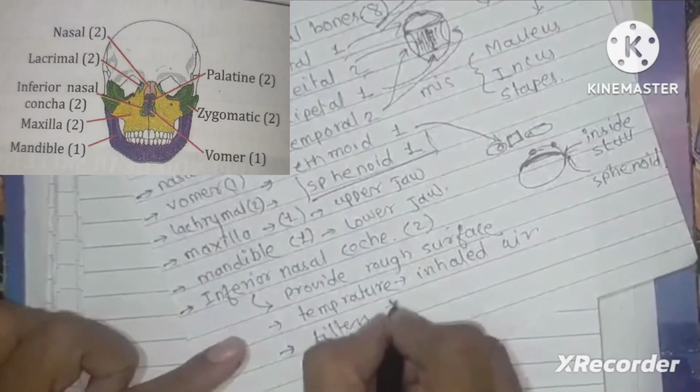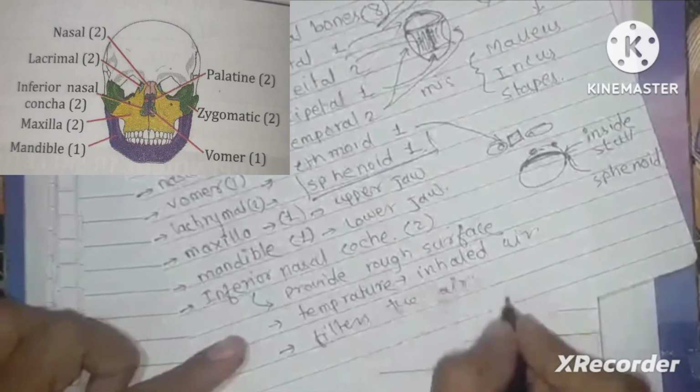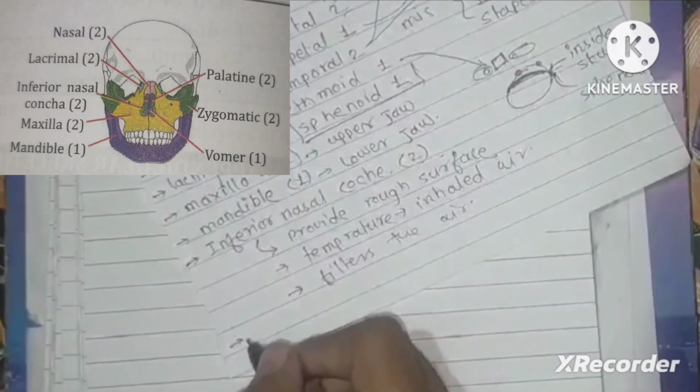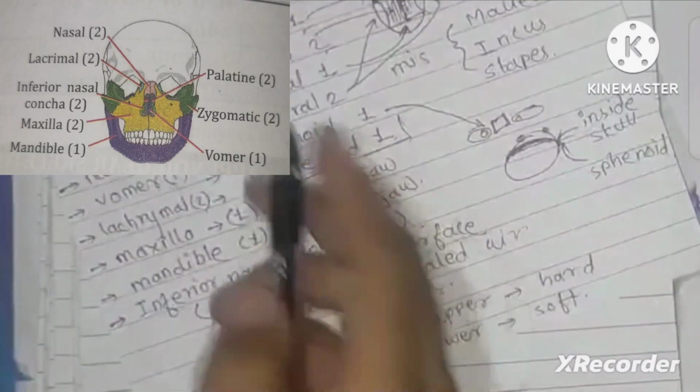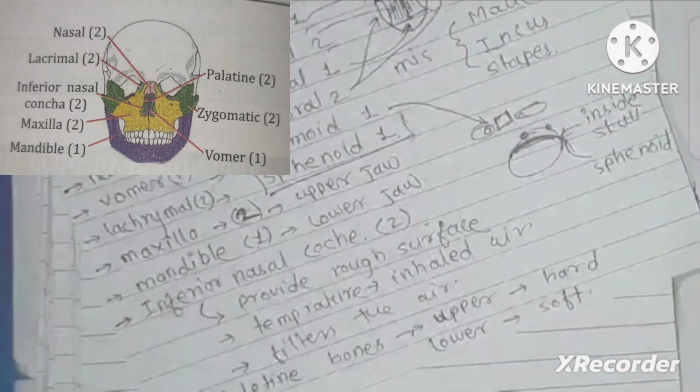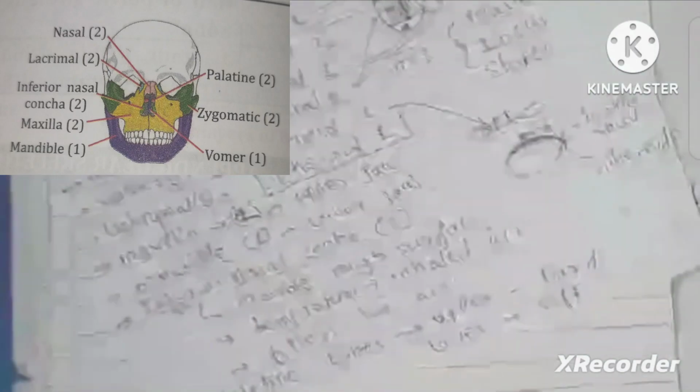And filters the inhaled air. Okay. Palatine bones. This is 2 in number. Palatine bones, 2 upper, which is hard, and lower is soft palate.